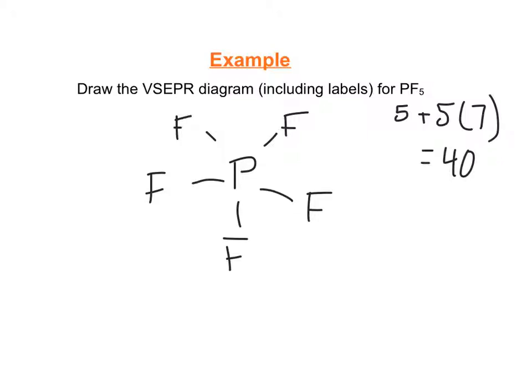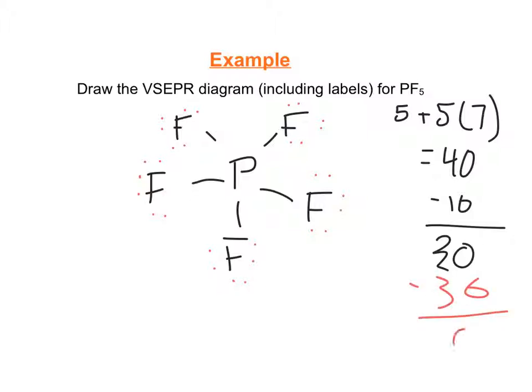We've used up 10 already, so we're left with 30. And we put them around the fluorines. And we are out of electrons.